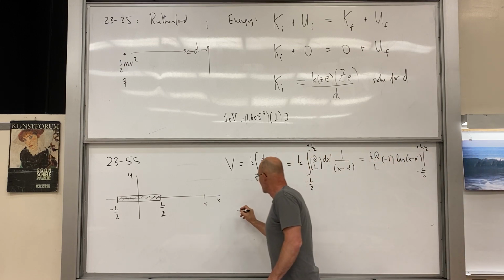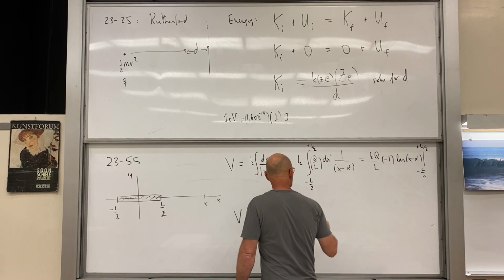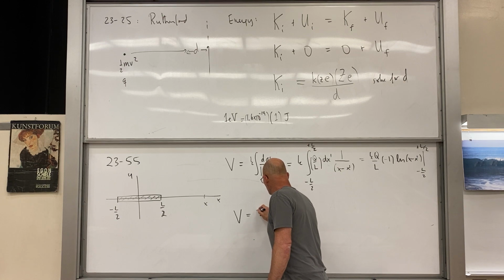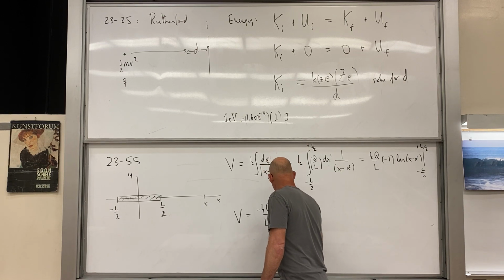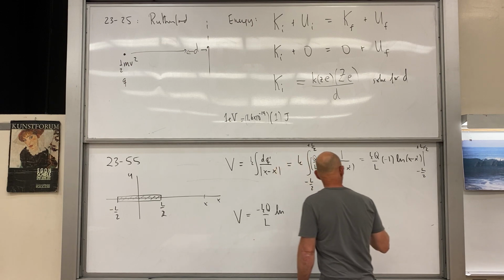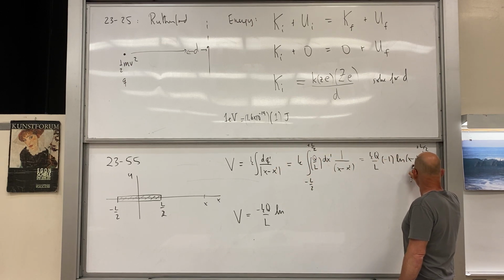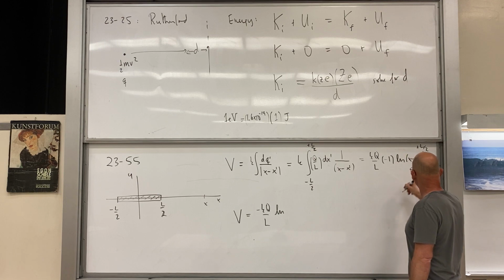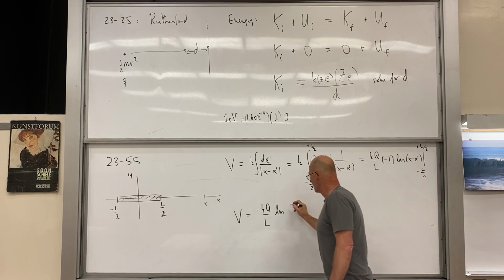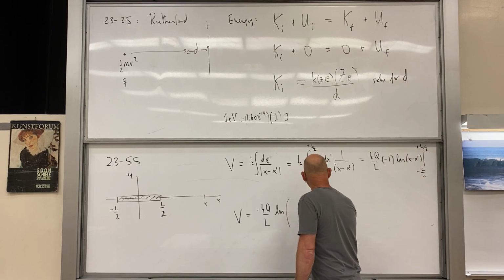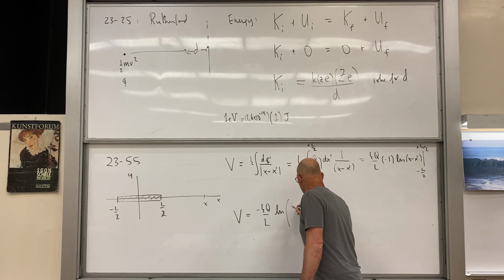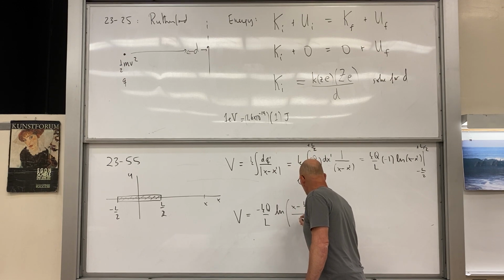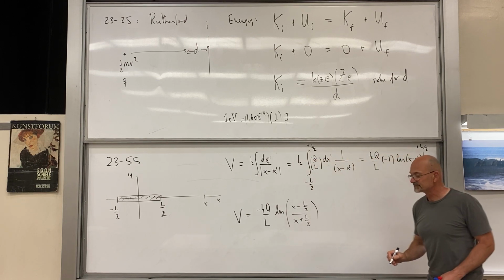And that'll be an exact expression: minus kq divided by L, natural log, upper minus lower boundary. So natural log of x minus L over 2 divided by x plus L over 2. So there's our answer.